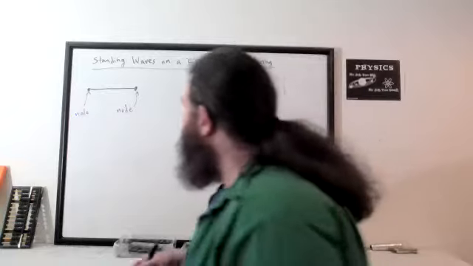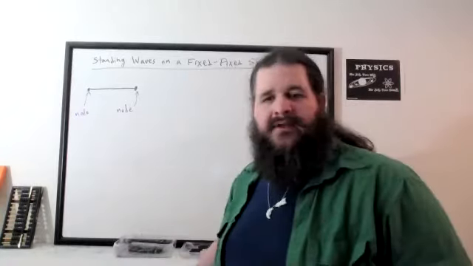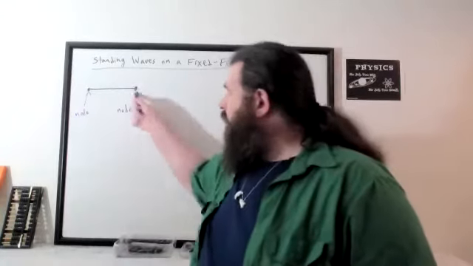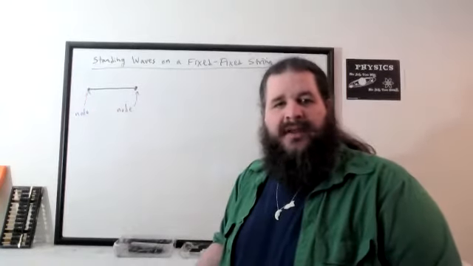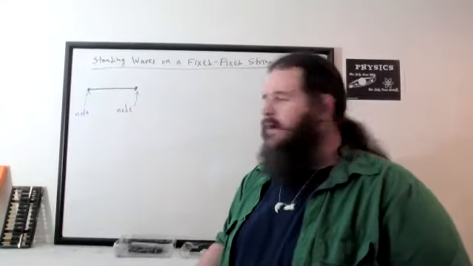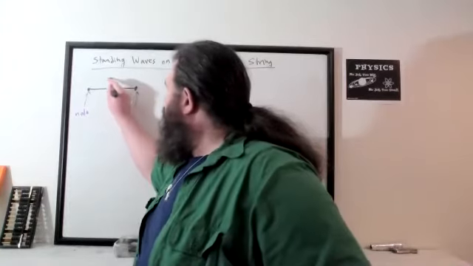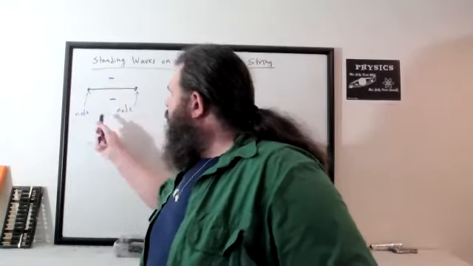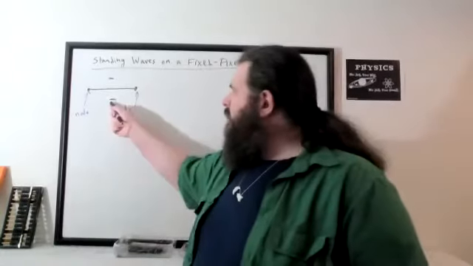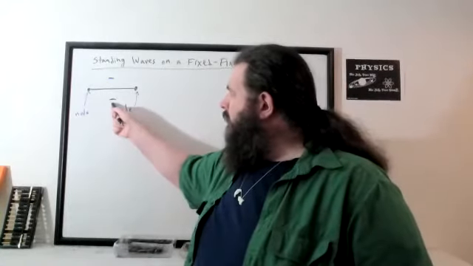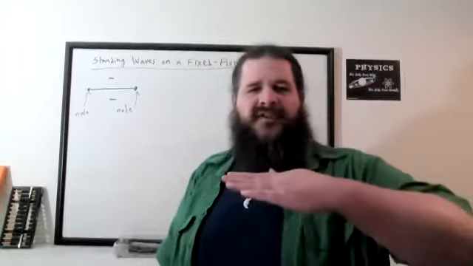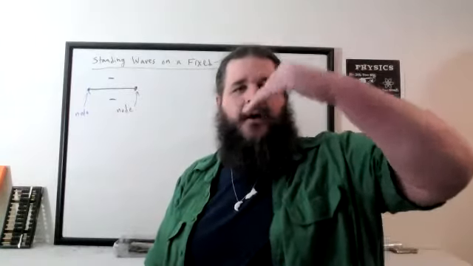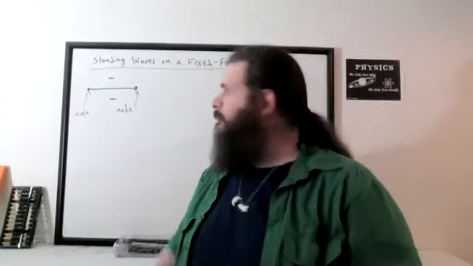And the simplest possible way we could do this, we've got to have nodes on both ends. The simplest example would be to have one antinode exactly halfway between, because they've got to be evenly spaced. The way we usually draw this is by drawing a line up here and a line down here. These basically represent the highest that piece of the string can go and the lowest that piece of the string can go.